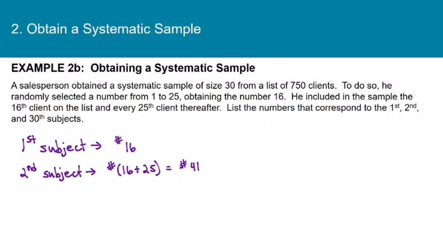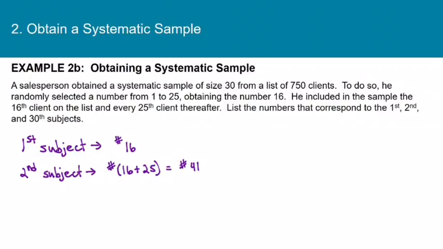Okay, now let's go ahead and get the third subject. They didn't ask for the third subject, but I think it would be a good idea to do it just to make sure that you see the pattern here. To get the third subject, we could add 25 to this number, but we don't want to put ourselves in a position where we have to know the previous number to get the next number. We would like to be able to calculate the position of any subject without having to know the number that came before.